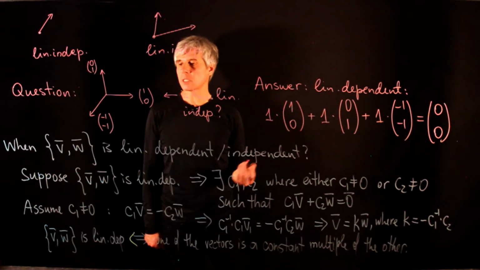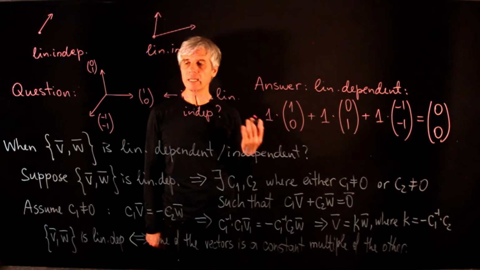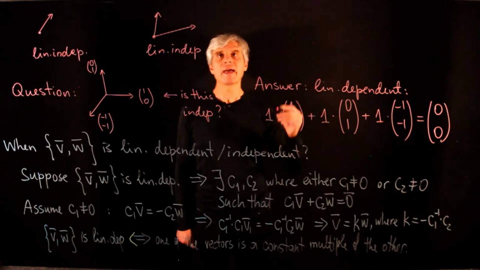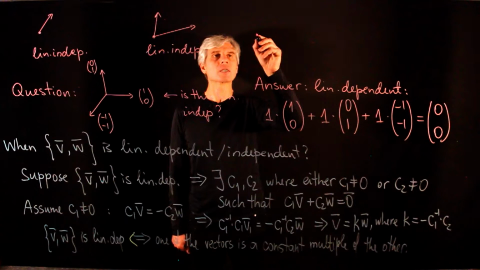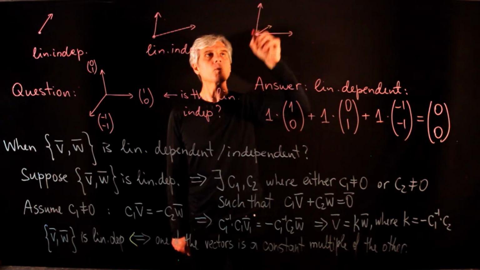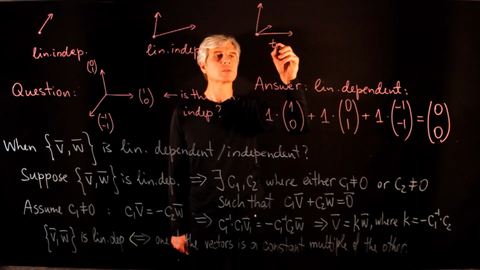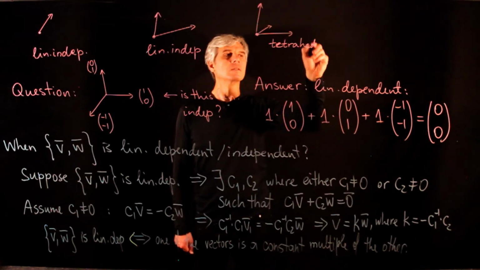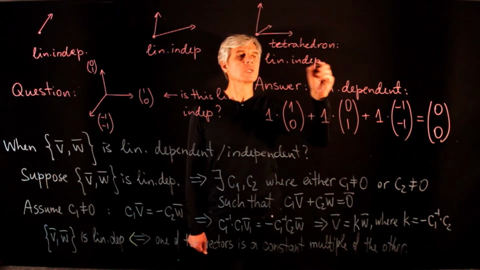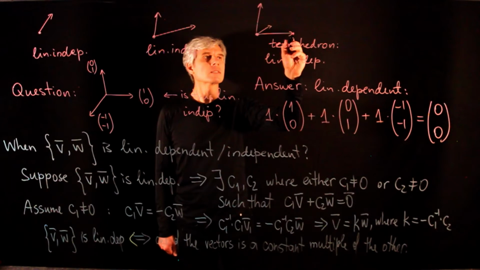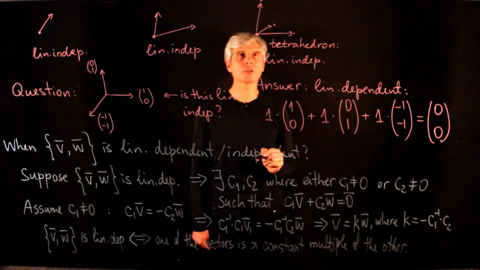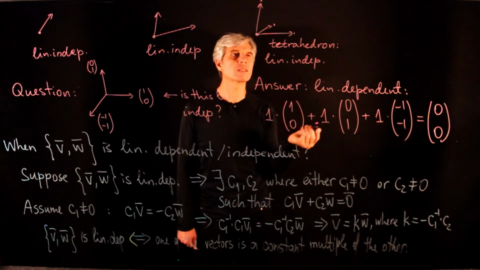Now, it turns out that to get three linearly independent vectors, we need to go to a three-dimensional space. And in a three-dimensional space, three vectors are linearly independent if they form a tetrahedron. Right? So we have a tetrahedron here. Then they will be linearly independent. So in other words, we require that these three endpoints of these vectors and their common initial point do not lie in the same plane.